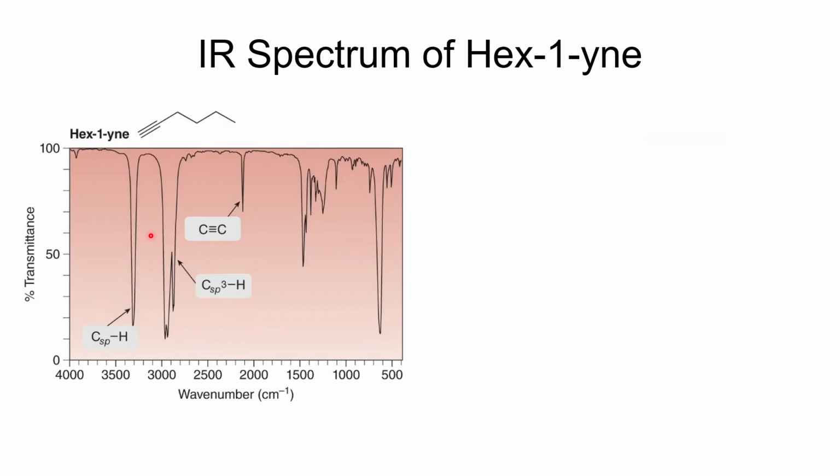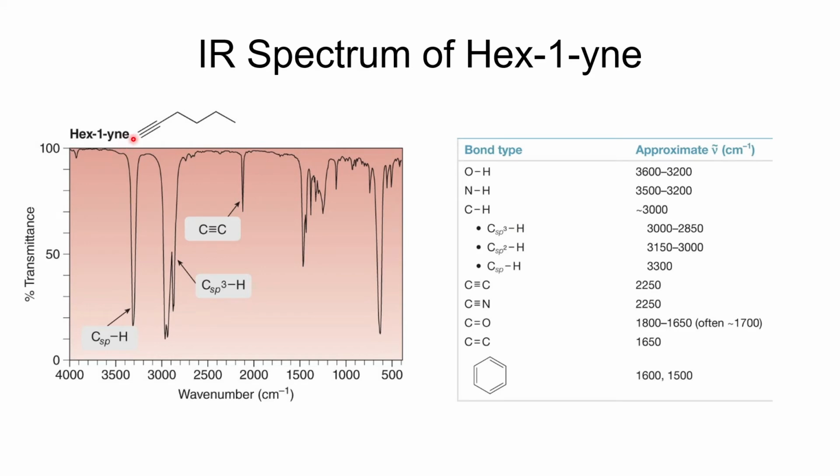All right, here for a triple bond, again, there's stuff over here in the fingerprint region, but what's really cool is we've got that carbon-carbon triple bond, which is a very distinctive peak out where not much else shows up, at 2250, give or take a little bit. We've got the sp3 hybridized carbon-hydrogen. Let me go ahead and pull the table up. And then we've got this terminal alkyne.